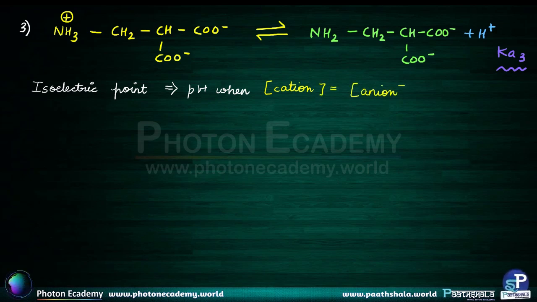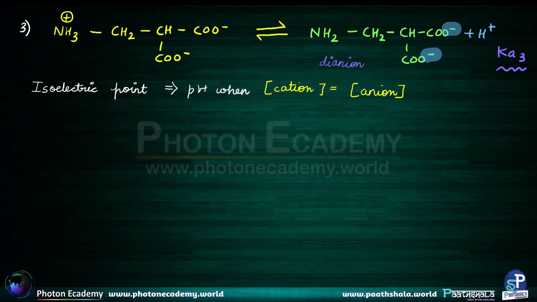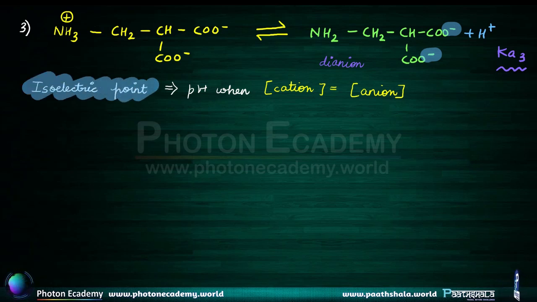Now here the last species that we received, this particular species which has two negative charges and no positive charges, is a dianion, as we can clearly see. When we are considering the isoelectric point, we have to see that the cation and the anion have equal concentration, but here we have a dianion.